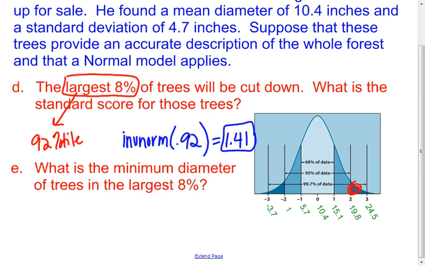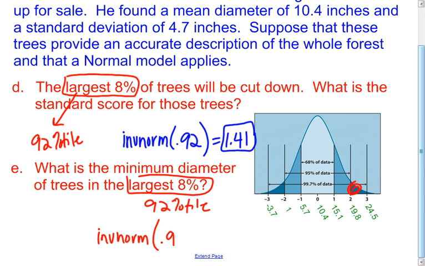Okay. Then the question is, what is the minimum diameter of trees in the largest 8%? Again, the largest 8% is actually the 92nd percentile. Okay, so this is the 92nd percentile. And this time, I'm going to use inverse norm and put a few more details in there. I'm going to put the percentile in there.